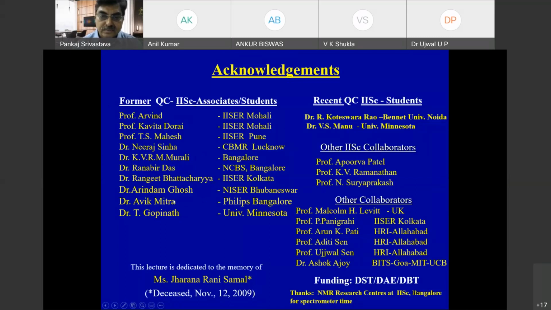Rangan Ghosh is in Bhubaneswar, Avik Mitra, and Phillips. And Gopinath is at the University of Minnesota. The last two students, Kritish Rao joined Bennett University in Noida. Manu is still in Minnesota. He's finished his postdoc, but he's still hanging around there. Sapur Patel is a theoretician, our conscience keeper.